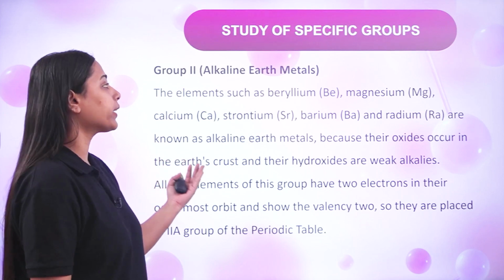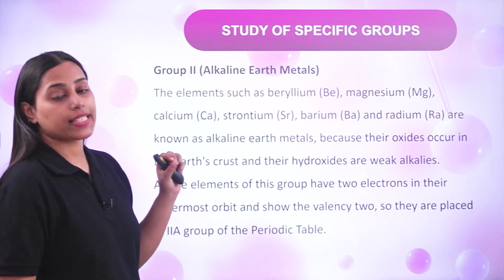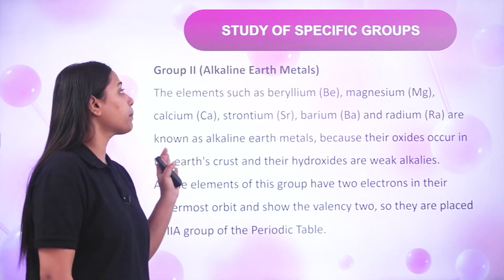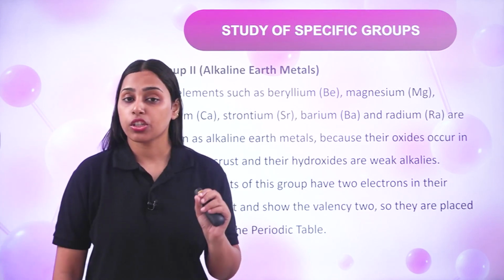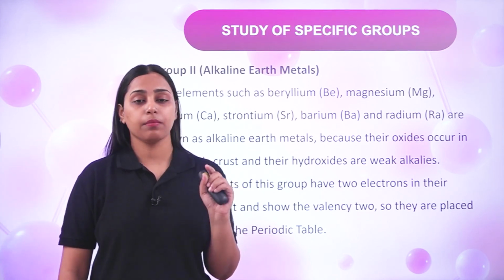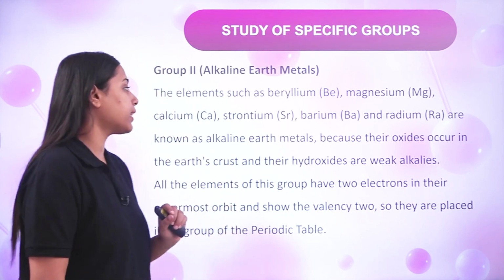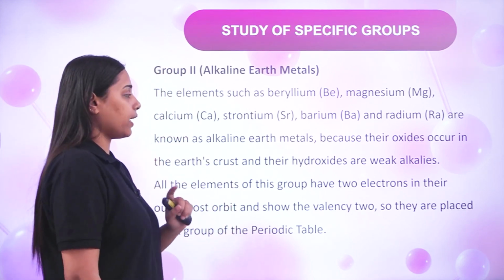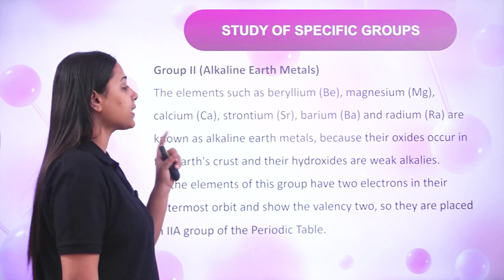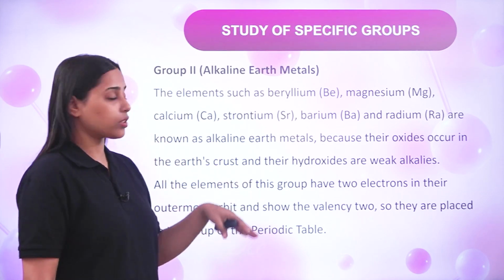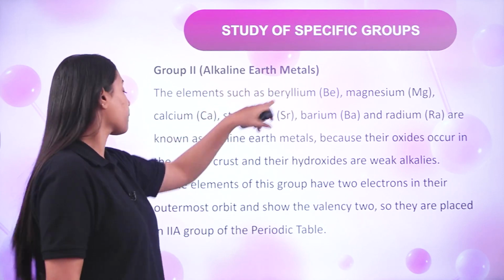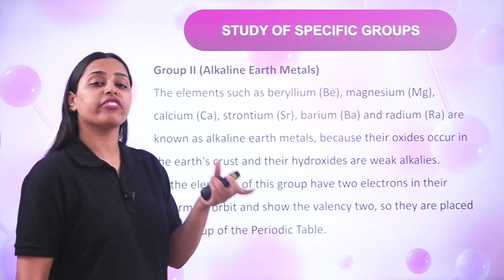Then group 2, the alkaline earth metals, right? Their members are beryllium, magnesium, calcium, strontium, barium and radium. These are known as alkaline earth metals because their oxides occur in the earth crust. They are found in the earth deposit, that's why they are alkaline earth metals, and their hydroxides are weak alkalis.